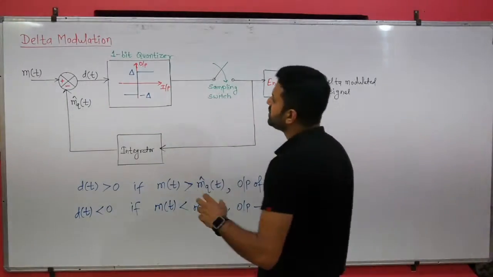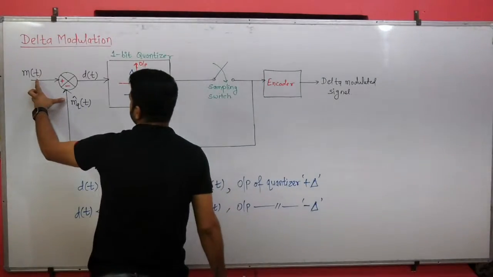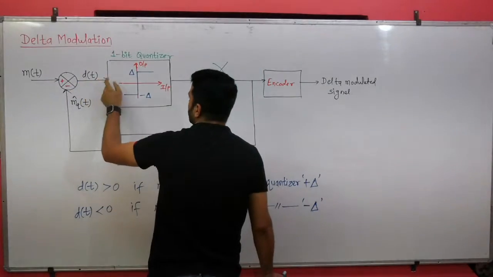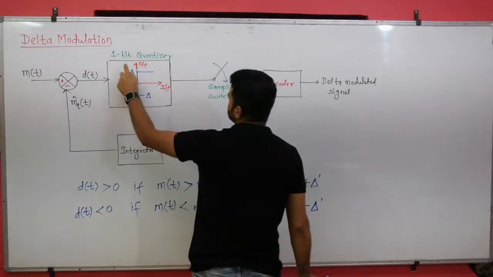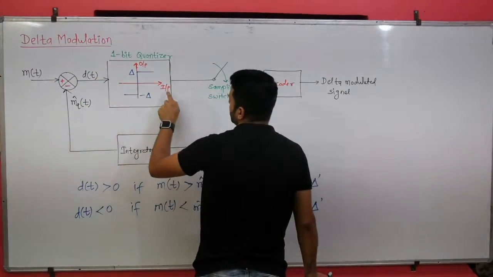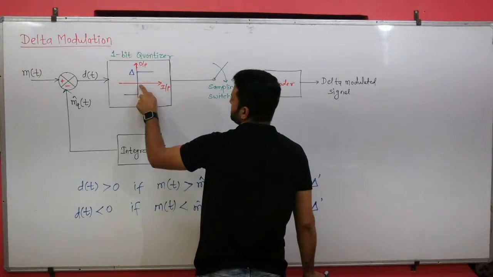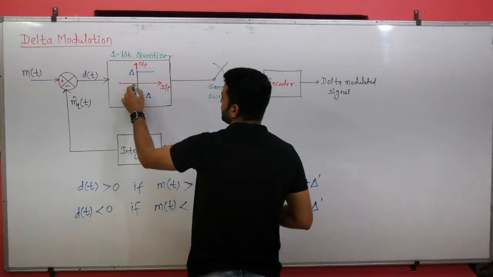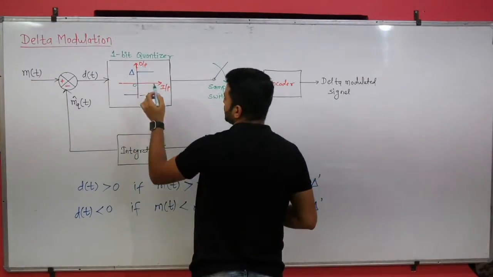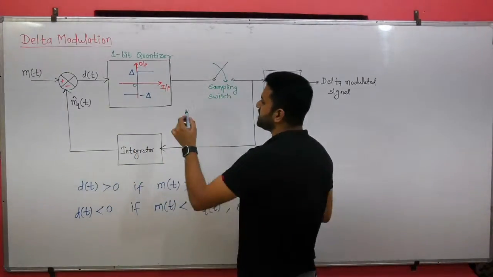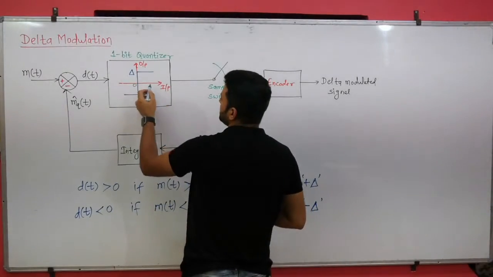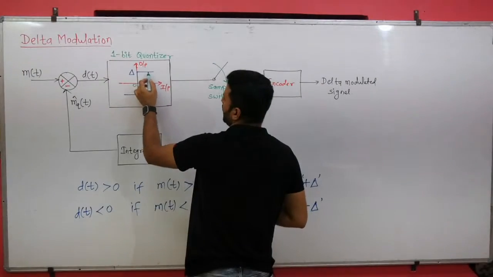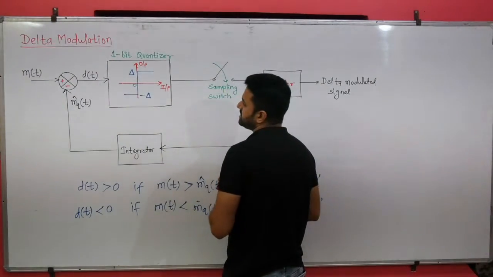Yes, so if we take the difference between the two signals, we will get the difference signal. According to the characteristics of this 1-bit quantizer, when the input is greater than 0, meaning a positive value, the output is plus delta.